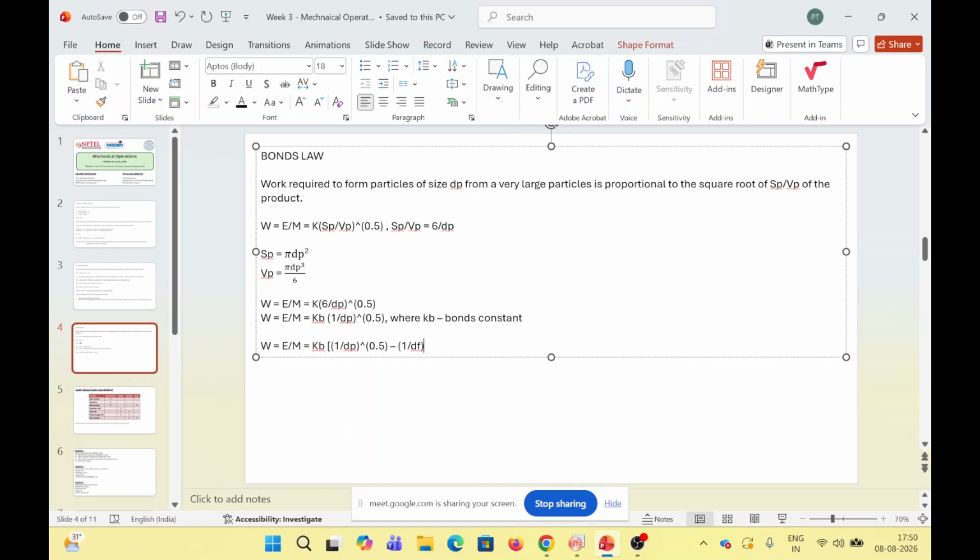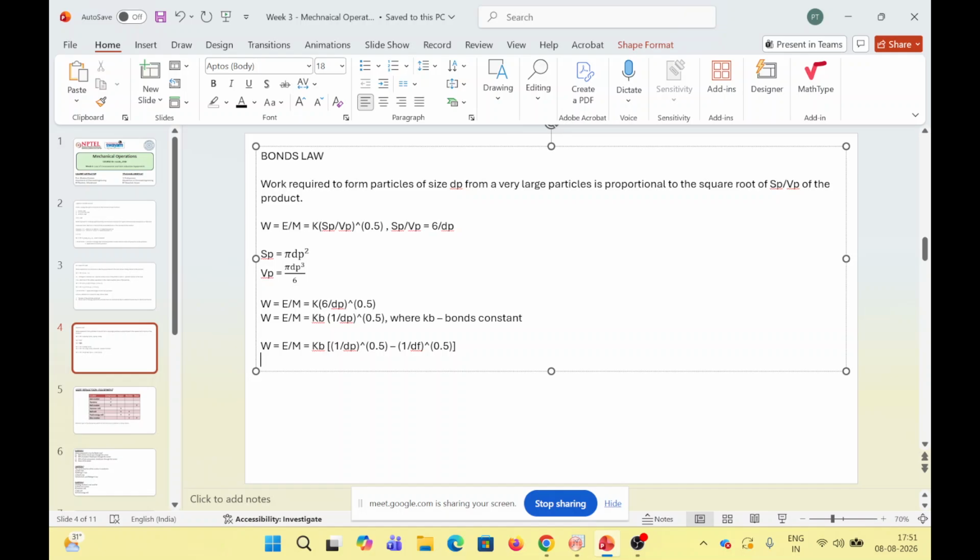This is just to minimize the workload so that we don't lose time. So this is how you write it for Bond's law, and Kb is the Bond's constant. This Bond's constant depends upon the type of machine you use. After this, we will discuss the different kinds of size reduction equipment. So this Kb value will vary depending upon the type of equipment you use and the material that is going to be crushed.